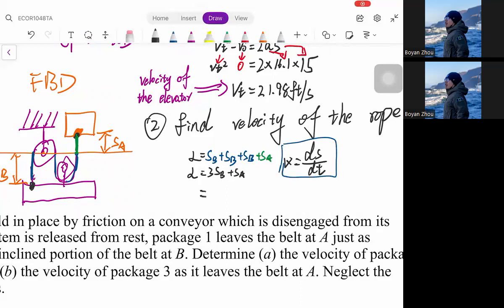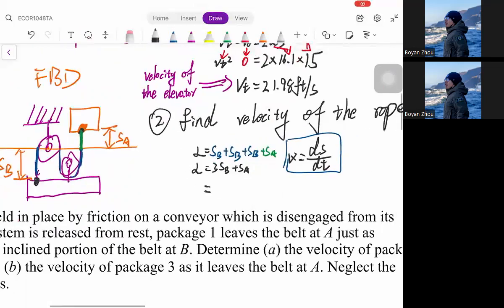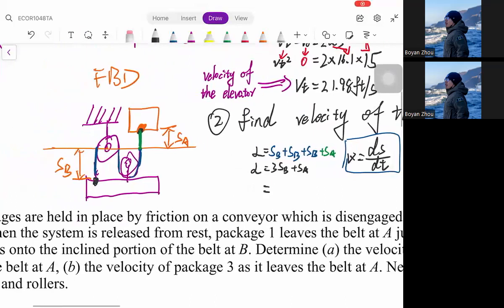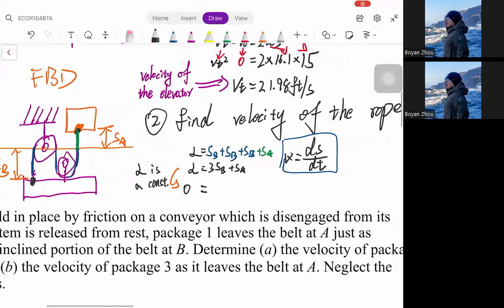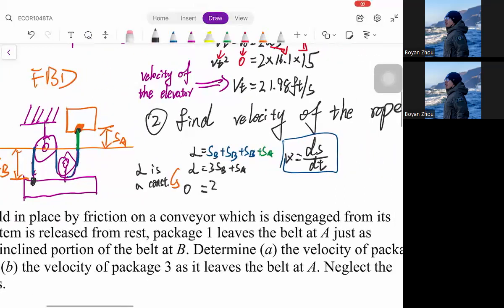So we're going to differentiate the whole equation. The derivative of L, the length of the rope, is 0, and like before, that is because L is a constant. And that is equal to 3 times VB.